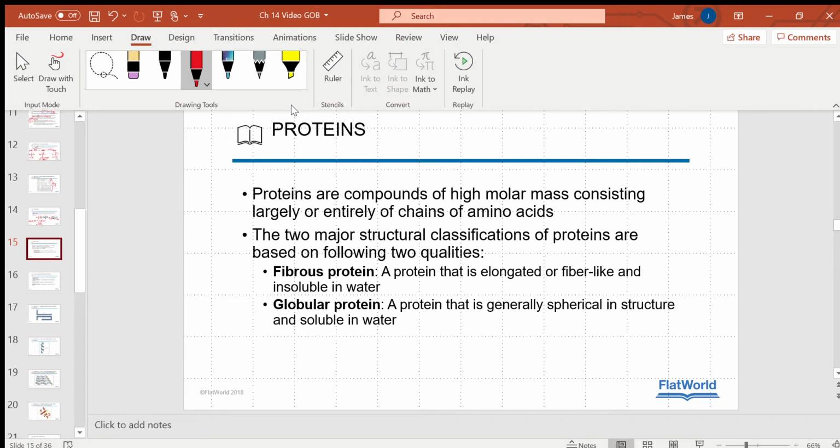And fibrous proteins tend to have external hydrophobic alpha amino acids.